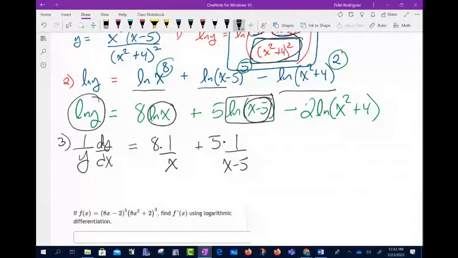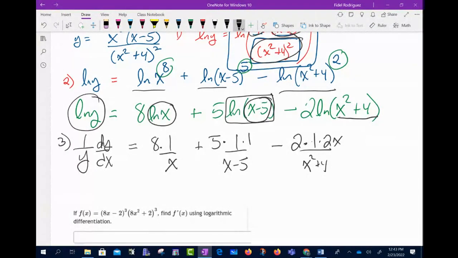What's the derivative of x minus 5 anyway? Right? So if you want to put a times 1, that's fine. It's not really changing it, but I'm putting it there because I want us to understand, hey, you still got to really take the derivative of what's inside. Minus 2 times 1 over x squared plus 4 times the derivative of what's inside. What's the derivative of inside? 2x? Right? Okay. So far, are we good on how we got to where we are?